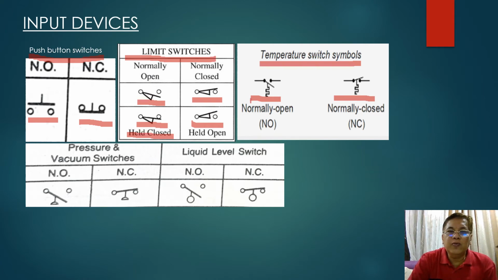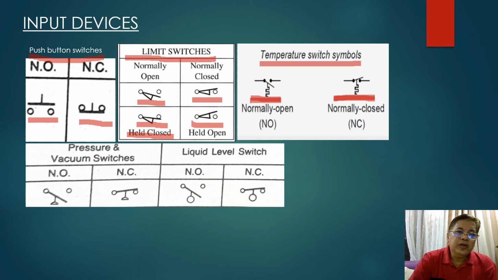That means that once a certain temperature is attained, this normally open temperature switch will close. And in the same way, if it is a normally closed temperature switch, once a particular temperature is reached, then this normally closed temperature switch will open.